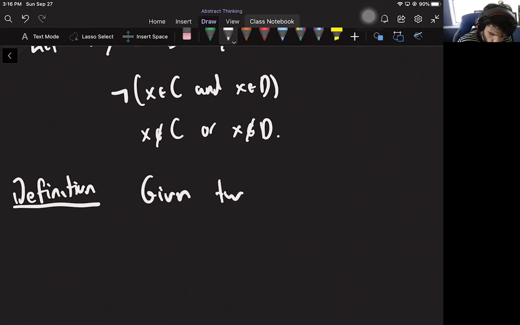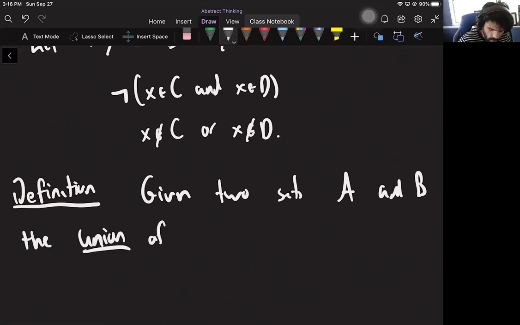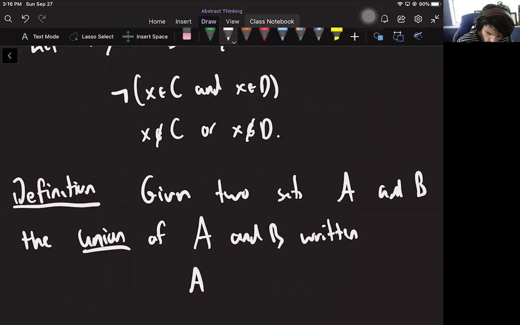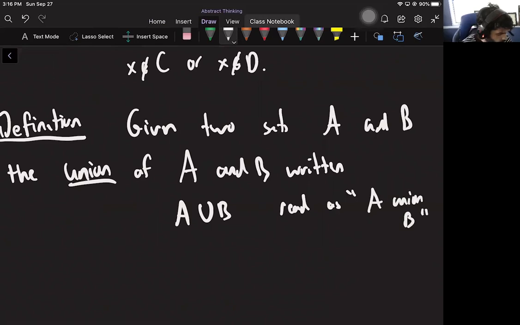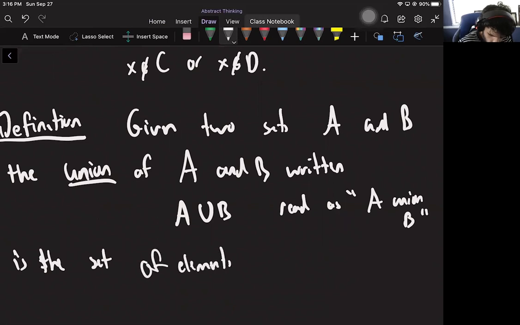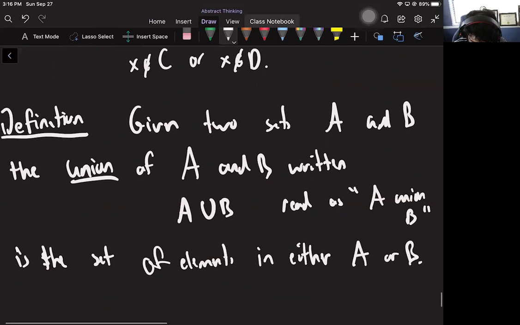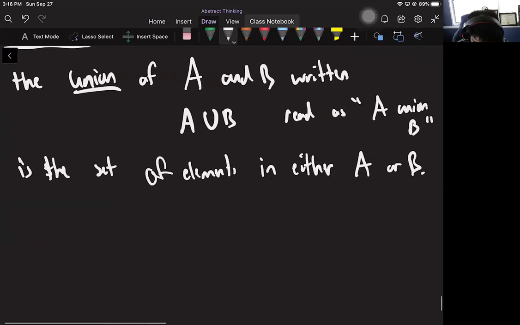Given two sets, A and B, the union of A and B, which is written with a cup, A cup B, but read as A union B, is the set of elements in either A or B. So just everything you could possibly imagine that comes from A or B.